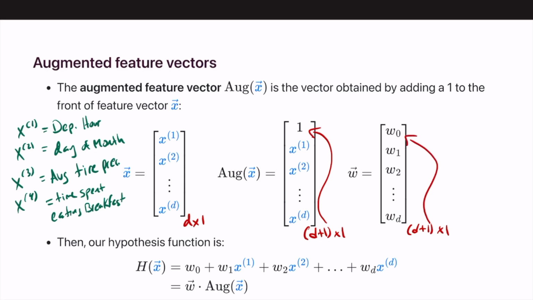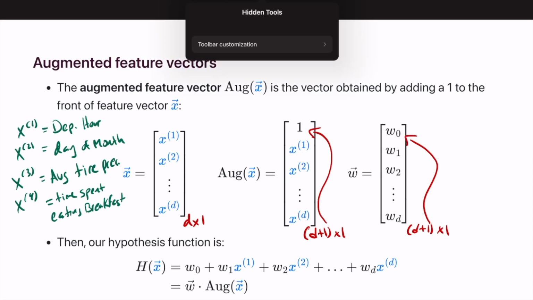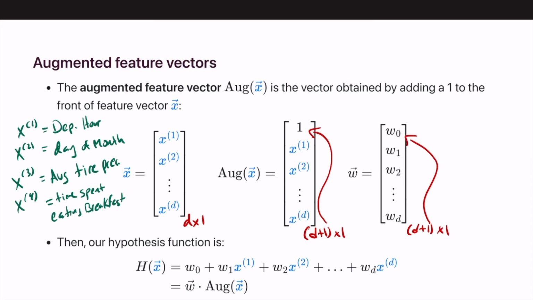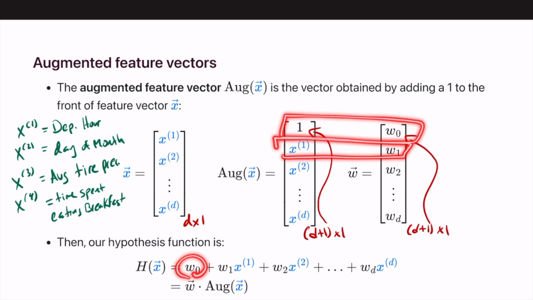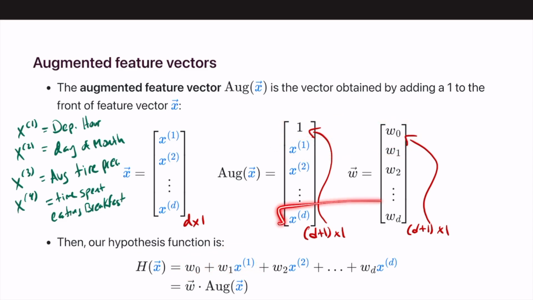So how does this look? We've already kind of talked about this, but just to make it explicitly clear, our 1 and w sub naught is right here, and then this guy is right there, and so on and so forth, all the way down to x_d, which is why, now that they have the same shape, we can write it like this.